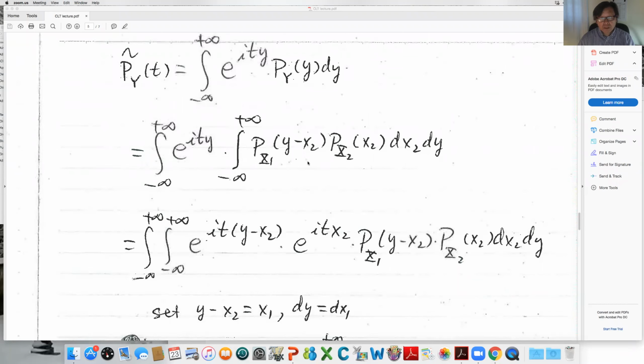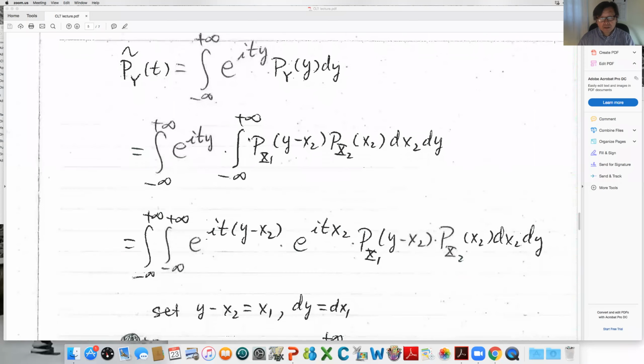So I can rewrite. I can add a term here, and take it away at the same time. Okay. But I know y minus x2 is just x1, and so dy is dx1.